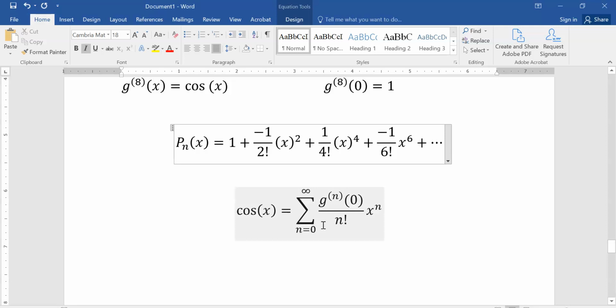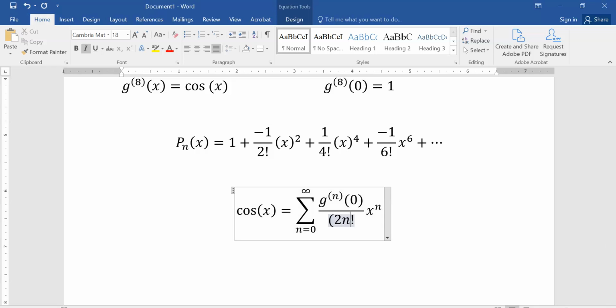Well, instead of using n here and here, what I'll do is I'll make sure that that n is forced to be an even number by taking 2n instead of that. Now, when you plug in 0, you get 0 and 0. But when you plug in 1, you get 2 and 2.